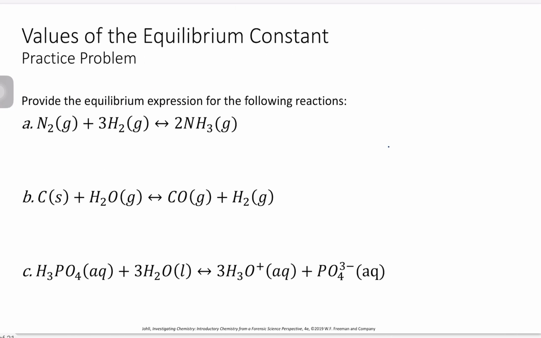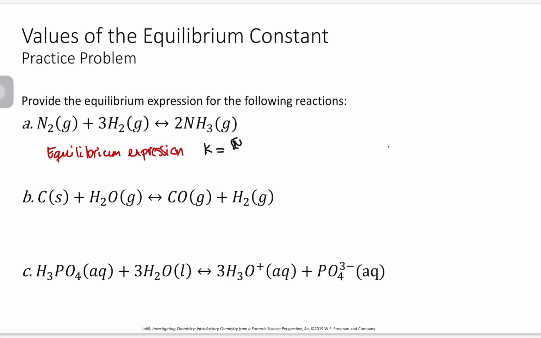Let's get some practice with writing out our equilibrium expressions. So an equilibrium expression is when you write K equals, and you do your products over reactants. In the formation of ammonia, we have ammonia on top.